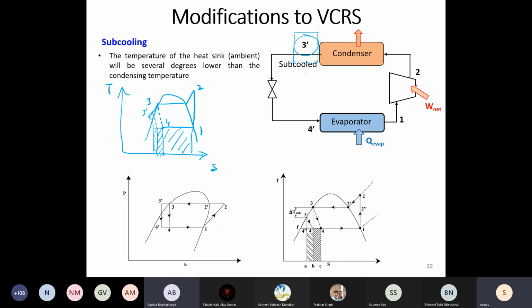So is there a way to artificially cool this liquid? This is already saturated liquid. I want to further reduce the temperature. Is there a way by which I can achieve this?